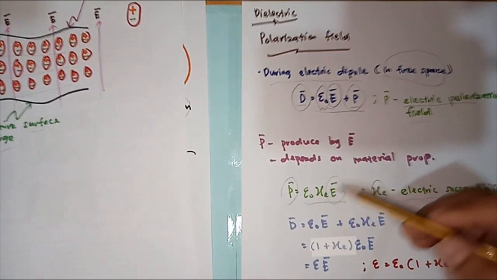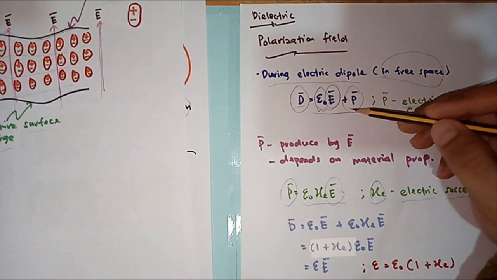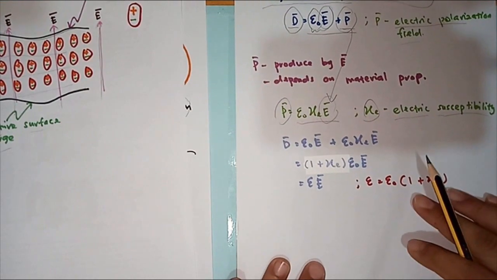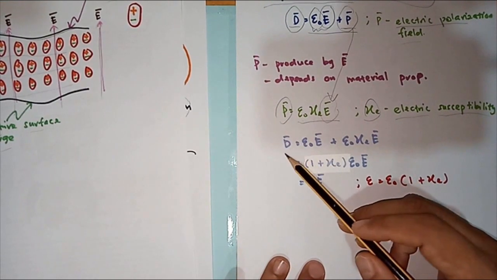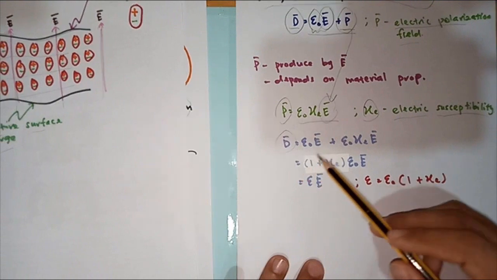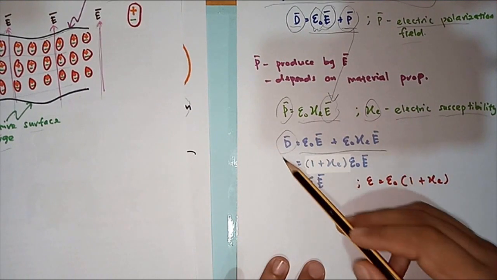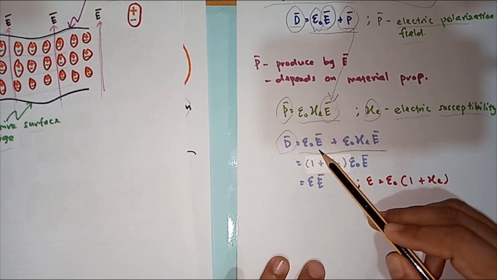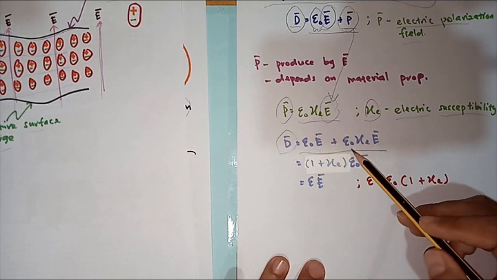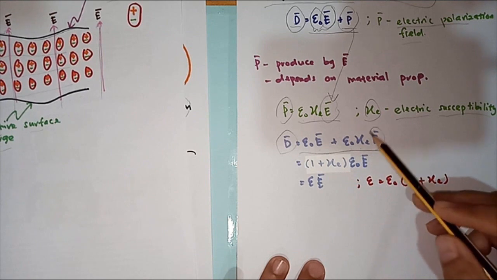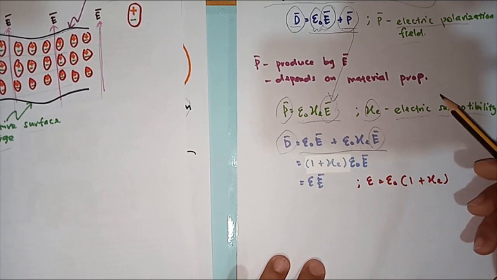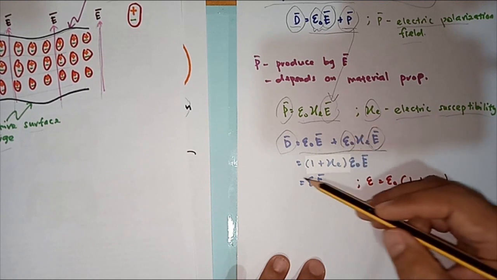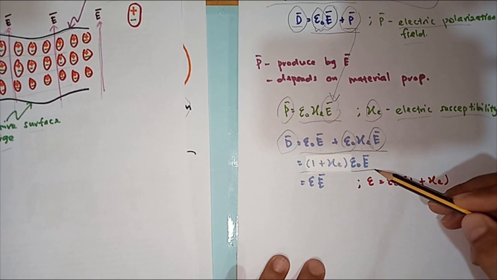If we replace the expression of P using this equation, then the vector D is equal to epsilon naught multiplied by the vector E plus epsilon naught χe multiplied by the vector E. If we factorize the vector E and epsilon naught, we will have this expression.